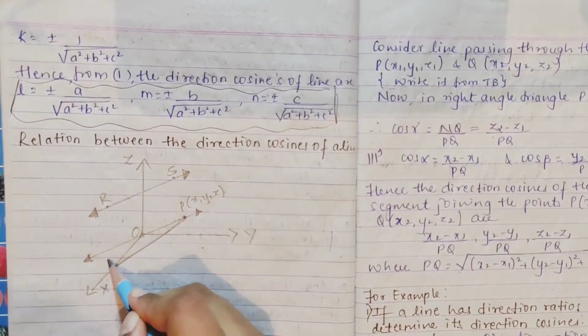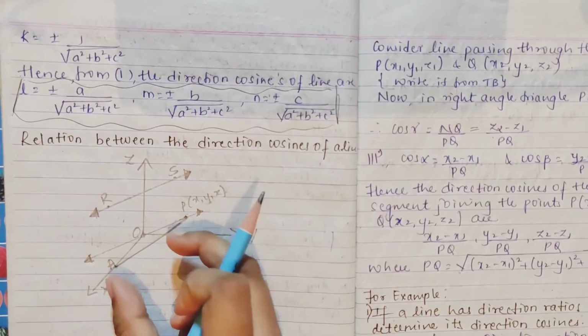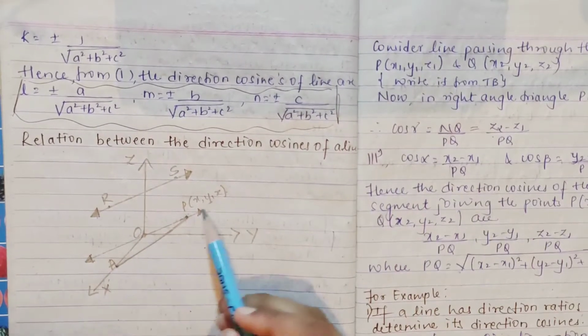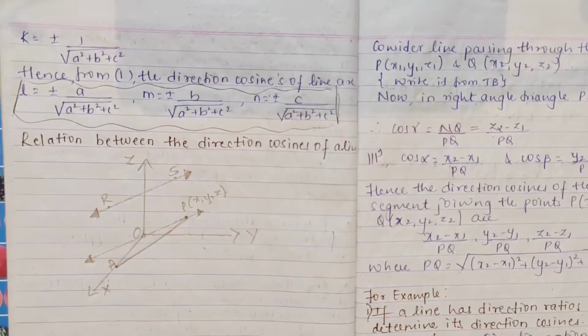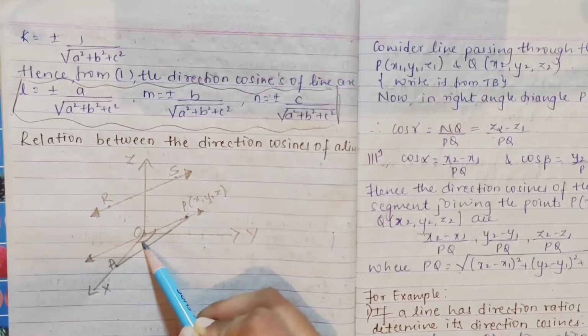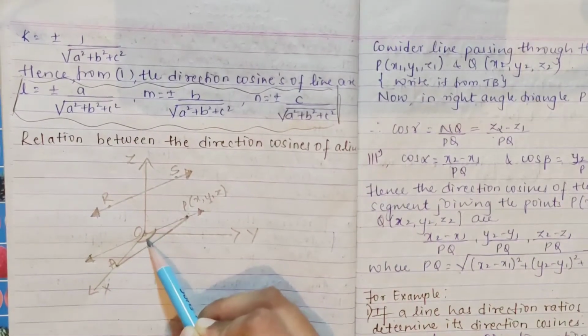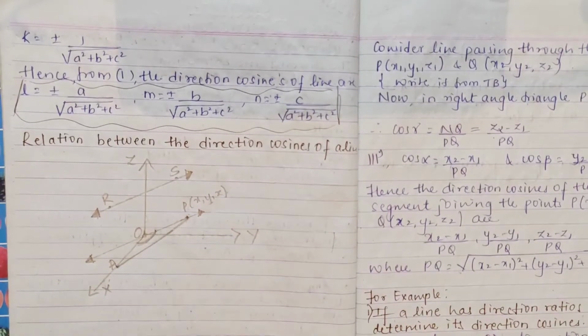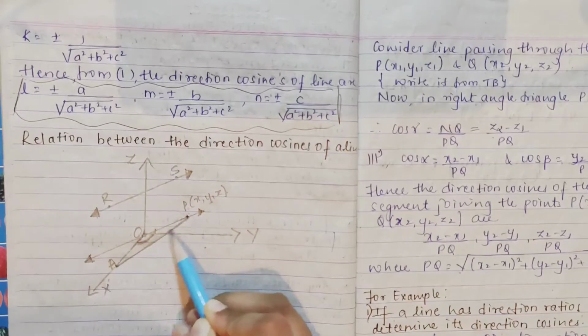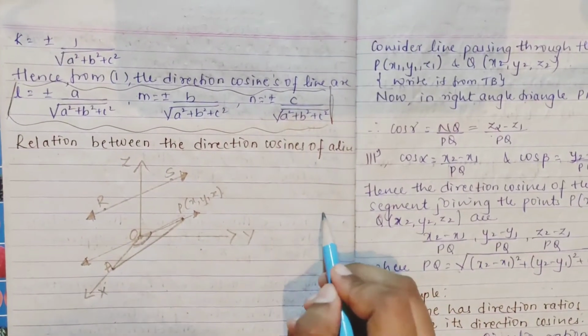Perpendicular from P, and this I will make it as A. So PA becomes your perpendicular on the x-axis, right? Here you get the angle alpha, right? On your x-axis means angle alpha. So here you can see, separately, you get a right angle triangle like this.